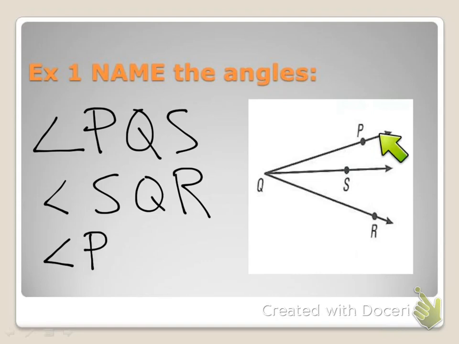Starting all the way at the top, P, then that vertex Q, and then down to the R. Good. Now, you see me drawing this symbol? This is just the symbol for angle. So you would say out loud, angle PQS, angle SQR, angle PQR. Notice Q is the vertex, Q is always in the middle. What are your questions?